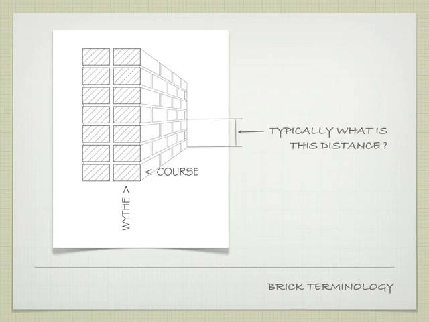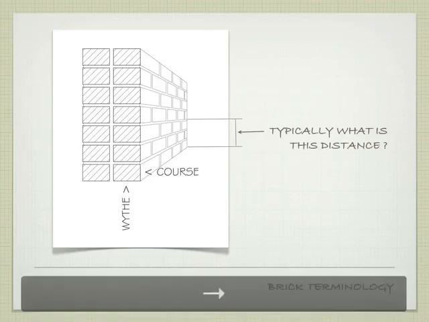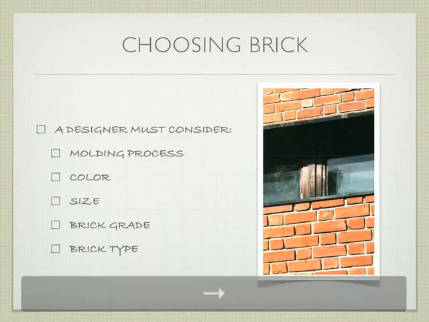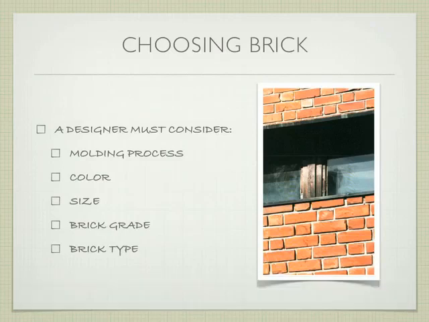So a particular building would be made up of lots of courses of bricks. Make sense? Yeah? Okay. So we talked about what 3 bricks plus their mortar joints would typically be. 8 inches, right? So again, that's a general term, but it gives you some idea.